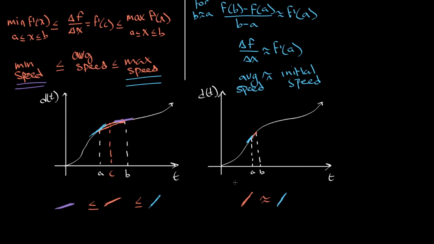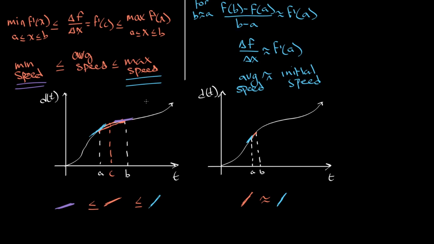So again, they're saying some similar things. They look pretty similar and have some similar components, but graphically and colloquially they're saying a little different things. So our average speed's in between our minimum and maximum speed for the mean value theorem, and for our linear approximation, we're saying that our average speed is approximately our initial speed.